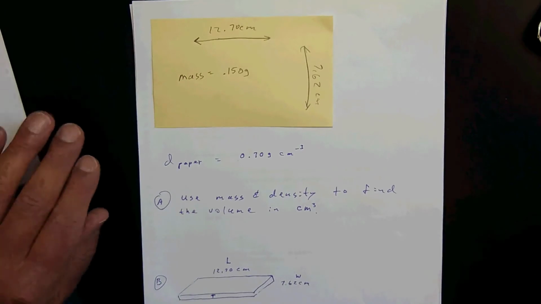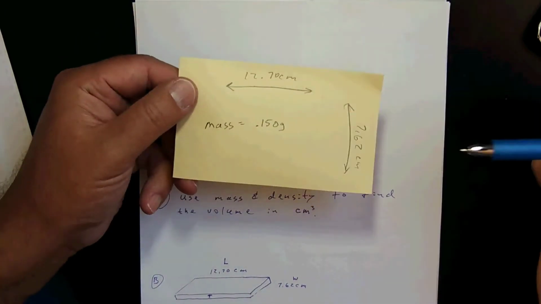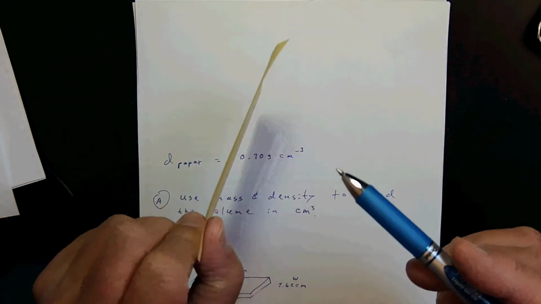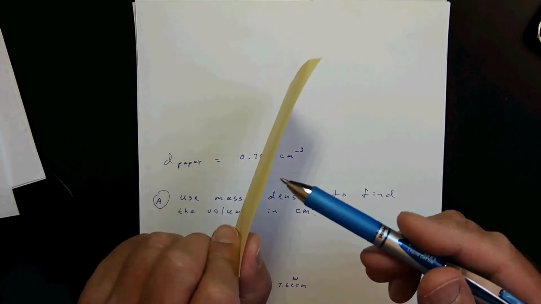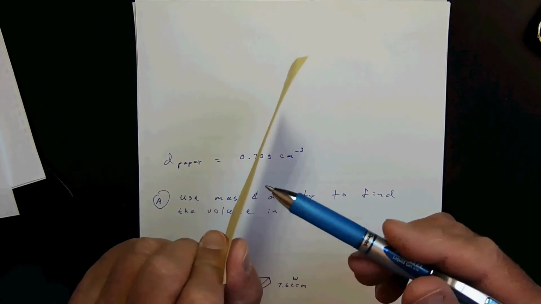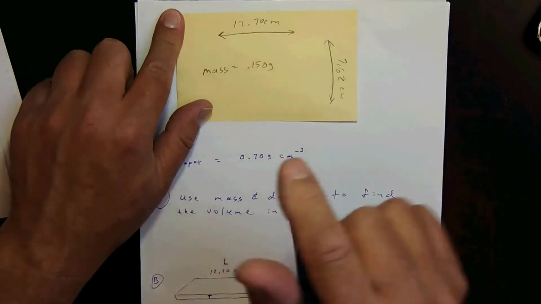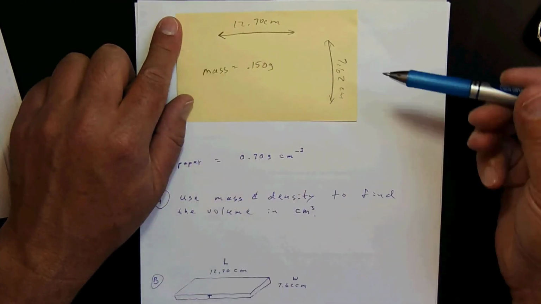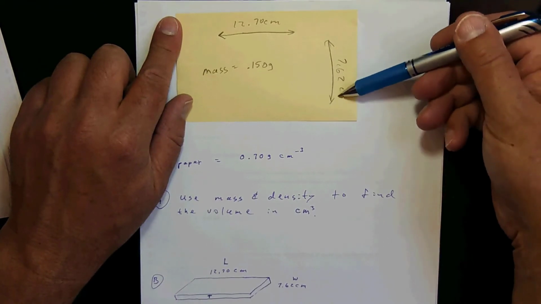We make indirect measurements. So pretend this is your foil. It's not, it's paper. But if you wanted to measure how thick the paper is, well, darn, you can't do that directly. You can't put a ruler here and measure the thickness. But you can measure how long it is. You can measure how wide it is.